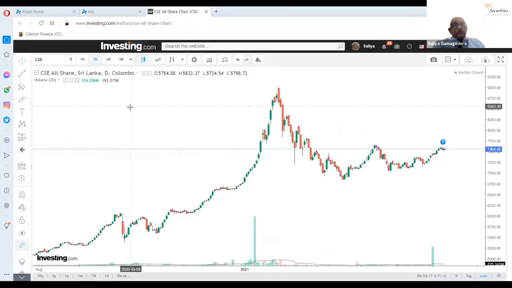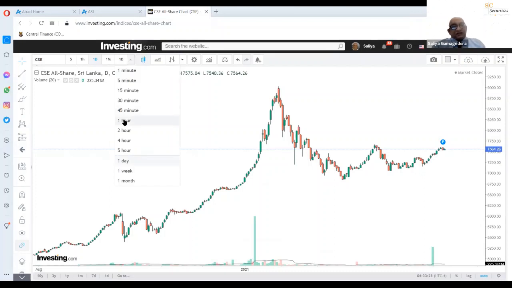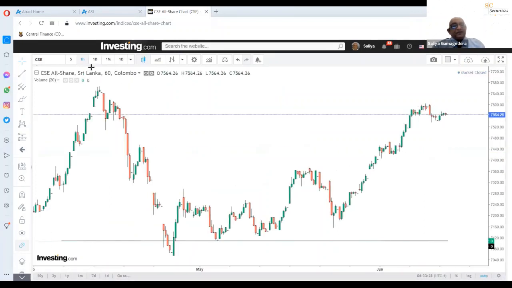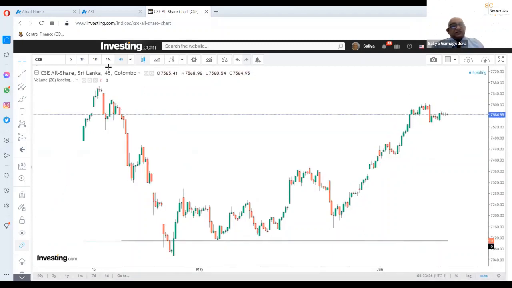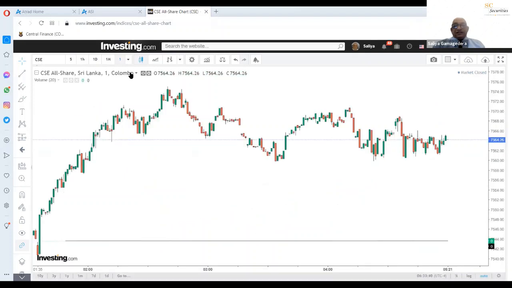Therefore, if you go into investing.com, it's a different ball game altogether, where you will be able to see the 1 hour charts, even shorter than 1 hour, 45 minutes, even 1 minute chart, where the necessary data is available.